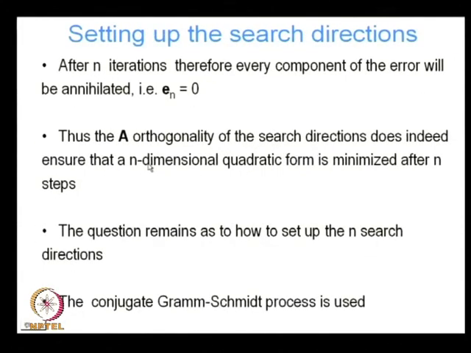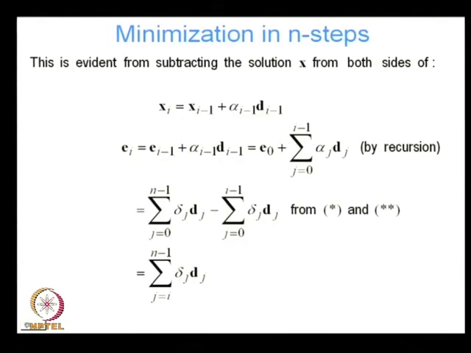We showed that exactly here, because all the i minus 1 components have been annihilated, right. So, because of that I can write the e_i as a linear combination of that limited set of d_j's. This is very important, that limited set of d_j's, right.